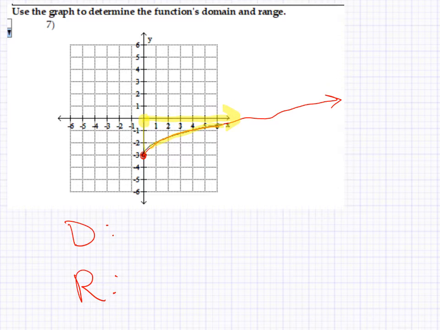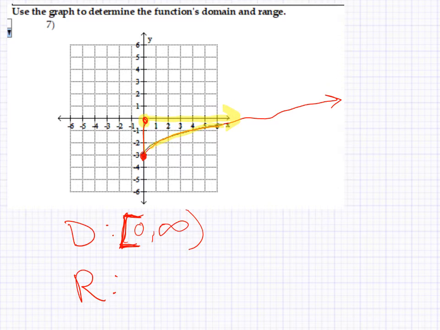So I could just write, say, the domain is 0 to infinity. I'm going to use a bracket here, not a parenthesis, because this point has that x value. So x of 0 is an actual domain value. Now the range, on the other hand, are the y values.